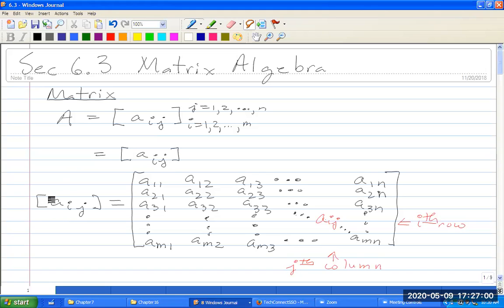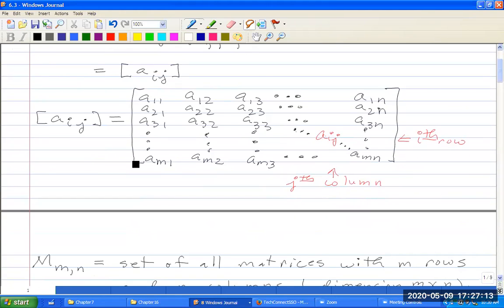And so this notation, the matrix with ijth element a sub ij, just means the array of entries A11, A12, A13, ..., A1n, ..., AM1, AM2, ..., AMN, whose ith, jth entry, looking at the ith row and the jth column, is a sub ij.